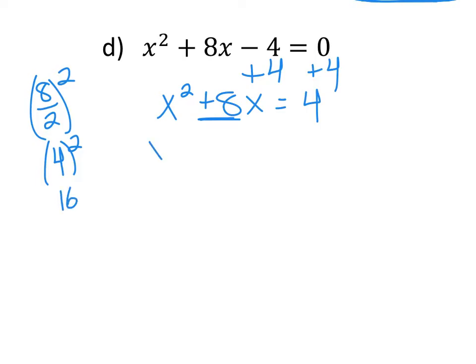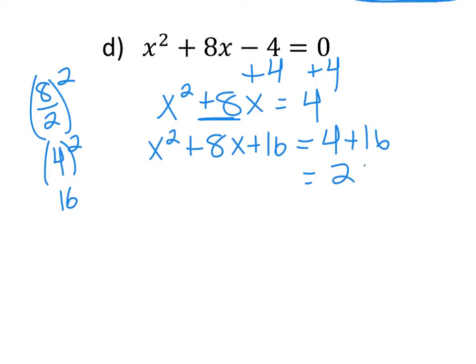So I'm adding 16 to both sides. Four plus 16 is 20. Over here, again, I'm focusing on this number before it was squared, which is positive 4. So this is (x plus 4) squared. Another way to think about it is it's half of the middle term. All right, from here we square root.